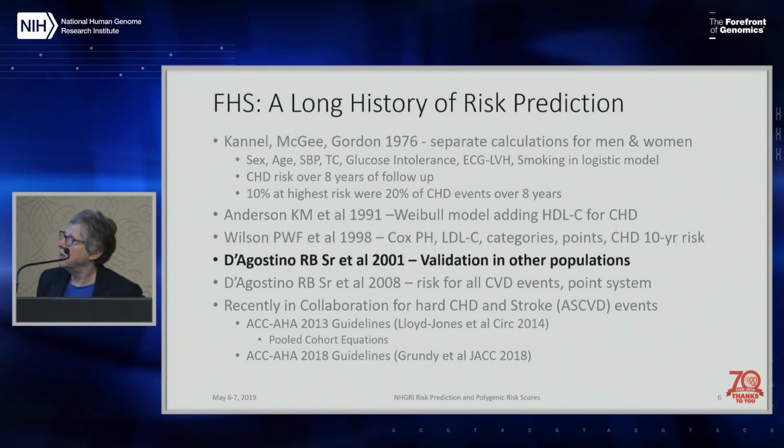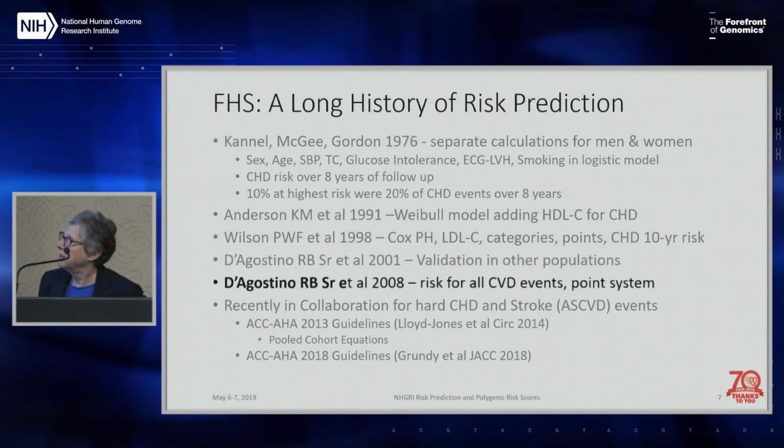Ralph D'Agostino and colleagues produced an important paper which said that the risk model that Framingham had been using worked in other populations as well, so long as you adjusted for a different baseline risk across populations. And so that was an important point. Ralph, again, and colleagues expanded risk prediction to looking at all CVD events, again using a point system.